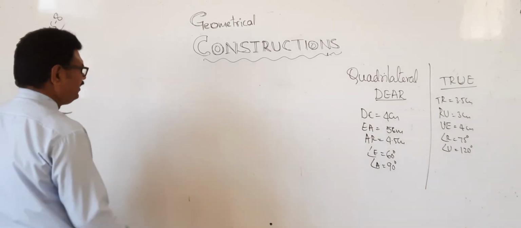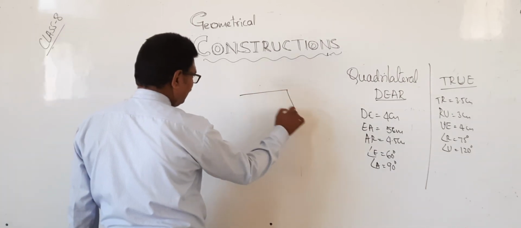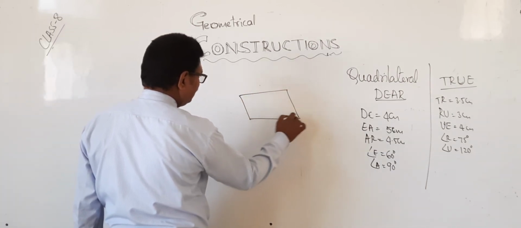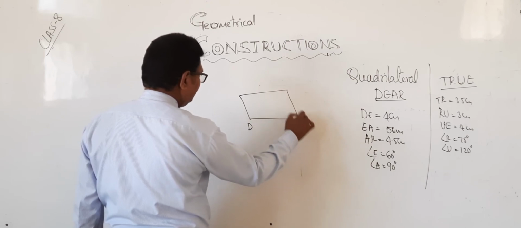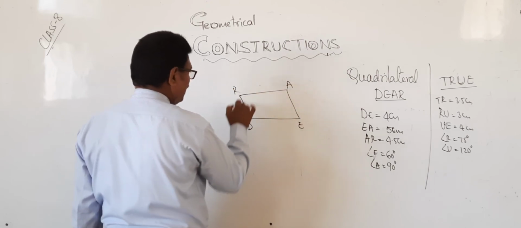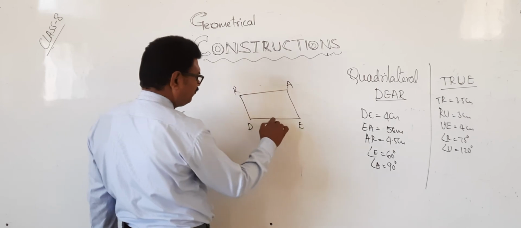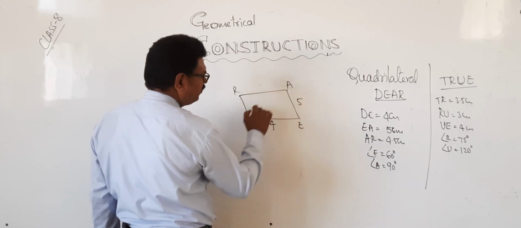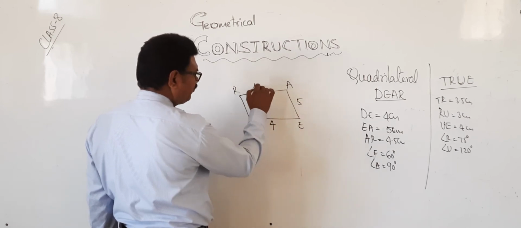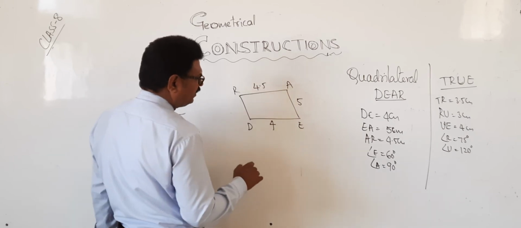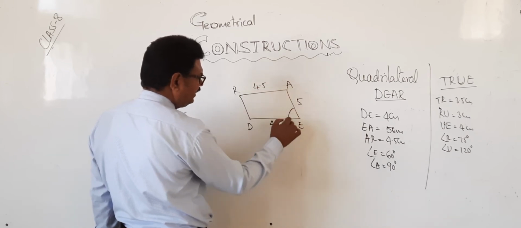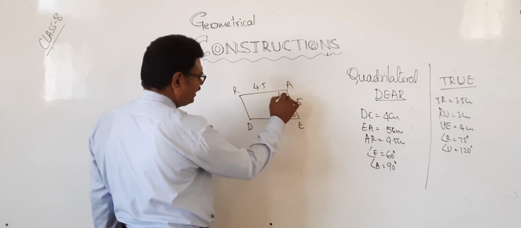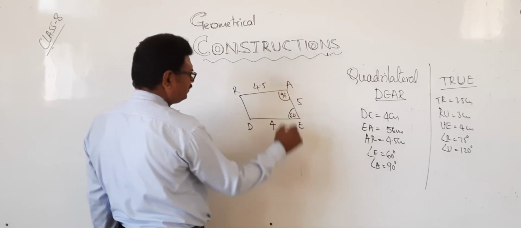Okay na? Very very simple. First you draw rough diagram, then you will understand. D, E, A, D how much? 4, EA 5, AR 4.5. Now angles, one angle E 60 degrees and one angle A 90 degrees.